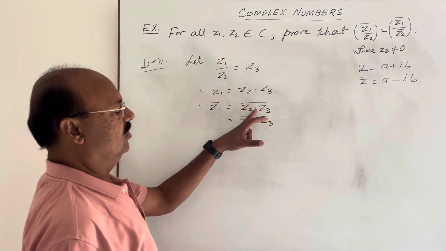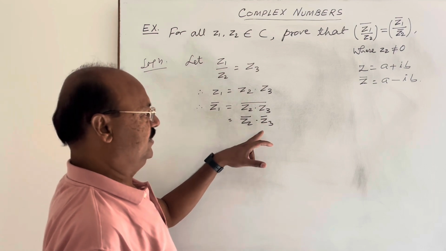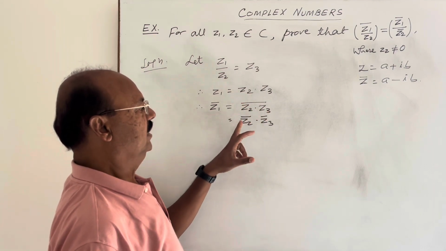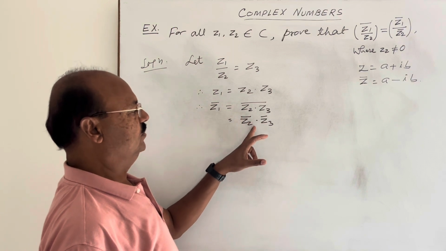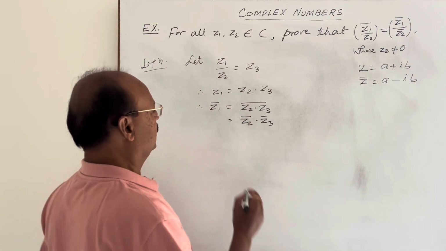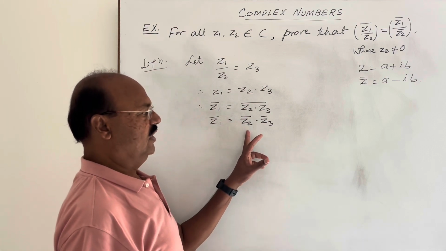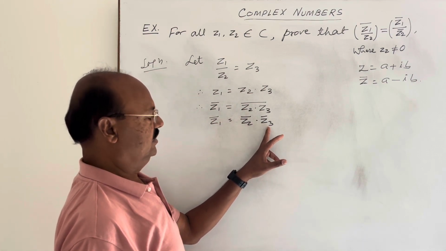We have already proved in the previous video that (Z2 into Z3) whole conjugate is equal to Z2 conjugate into Z3 conjugate. So we are getting here Z1 conjugate is equal to Z2 conjugate into Z3 conjugate.